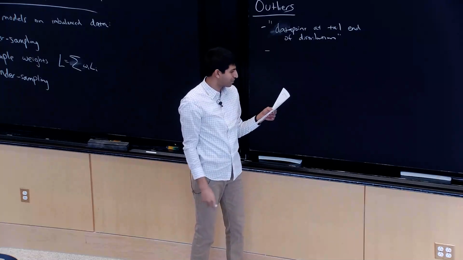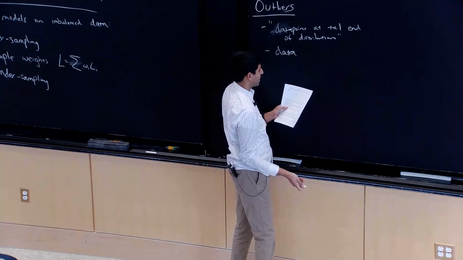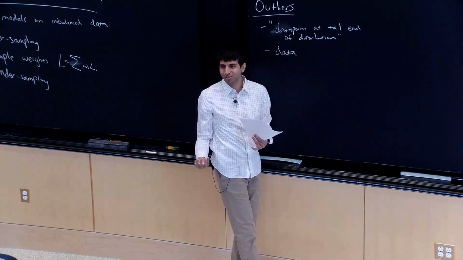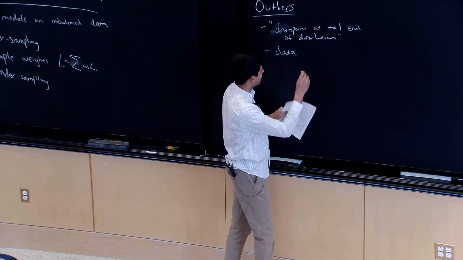Another even more informal definition is data points that just differ significantly from the other data points. And I haven't precisely or formally specified what differ significantly means, but as an intuitive definition, it's pretty good.